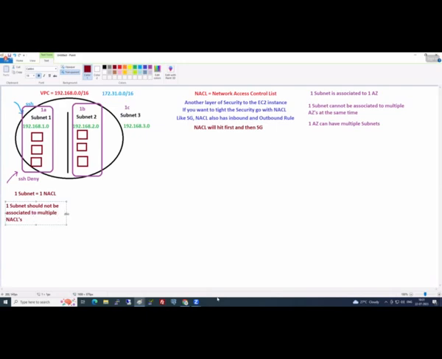Okay. Guys, can one NACL have multiple subnets? Yes. You have the main door, and the main door has multiple bedrooms inside it. One NACL can have multiple subnets associated.